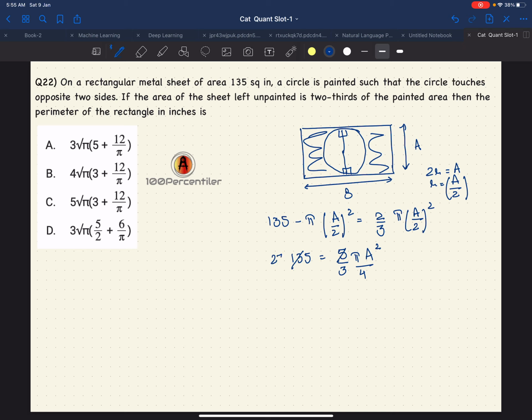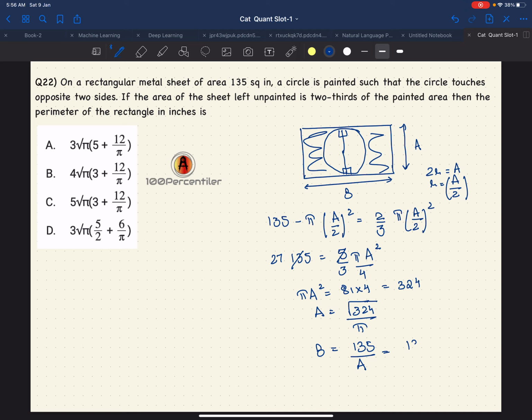Now performing some computations here, we have pi a square equal to a value such that a comes out to be root of 324 divided by pi, and therefore b has to be equal to 135 upon a, because the area of the rectangle was 135.